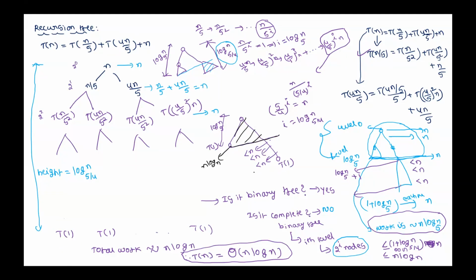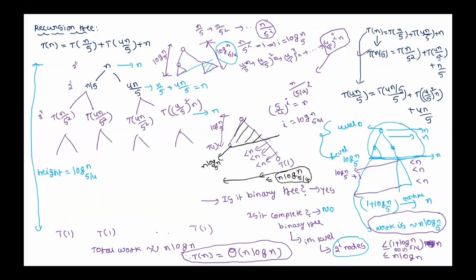If you calculate up to the last, it will be less than or equal to n log n base 5 by 4. Is that okay? Down we can only say the upper bound. If you calculate up to this, you can say only the big O bound. Is that okay?